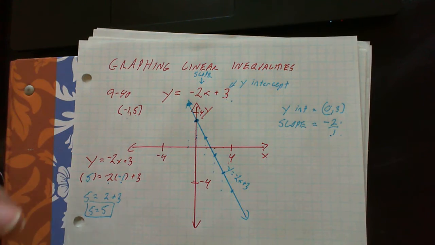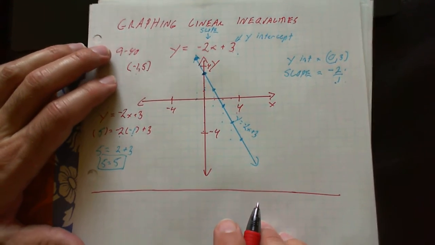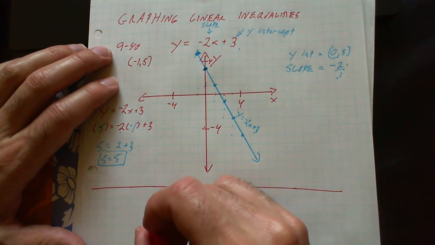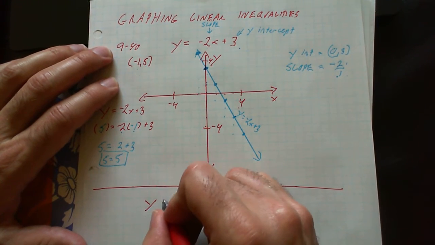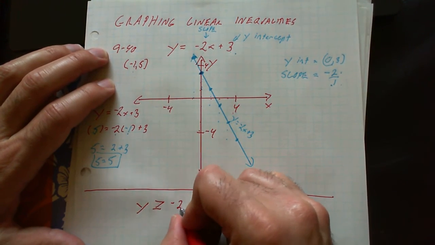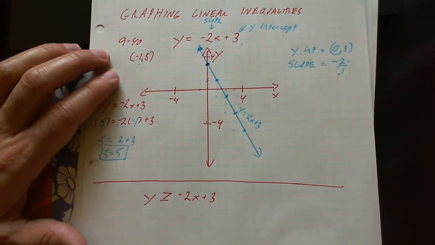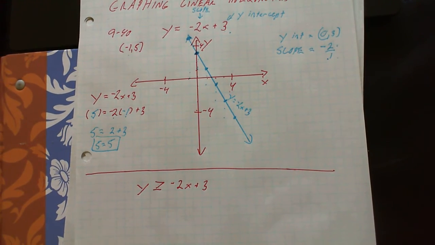So let's go like this. Here we go. Now I'm kind of going to do the same thing. Instead of y equals -2x plus 3, I'm going to say y is greater than or equal to -2x plus 3. Now let's look at this before we graph it. What is this saying?